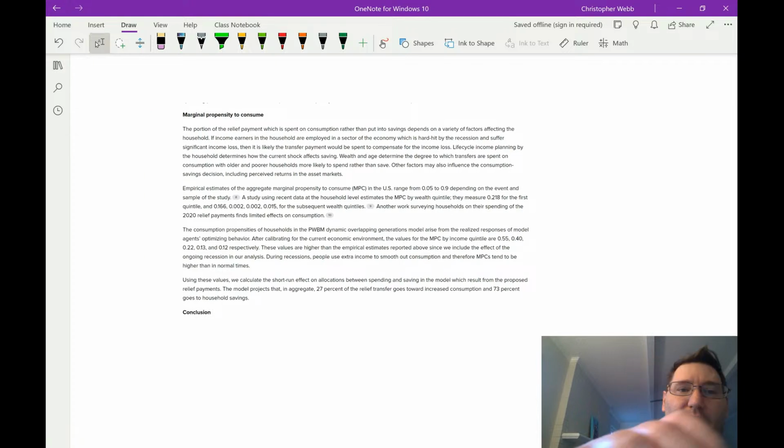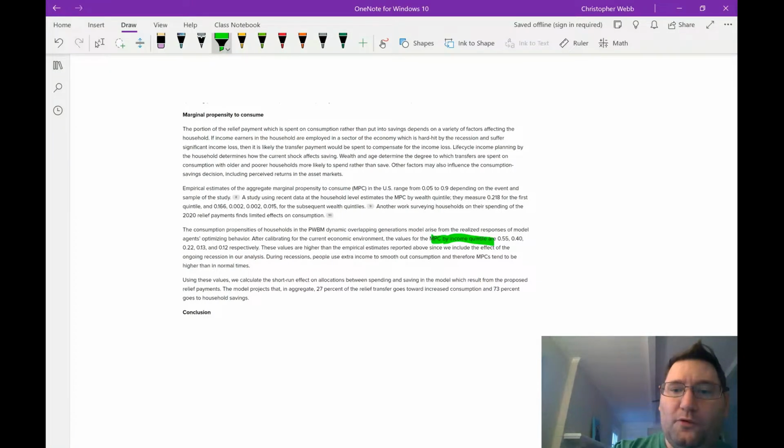It's from the University of Pennsylvania Wharton School of Business. They created a model that looks at historic averages of consumption and savings, and they are able to determine what ranking each quartile has. So I'm going to highlight here where they state this.